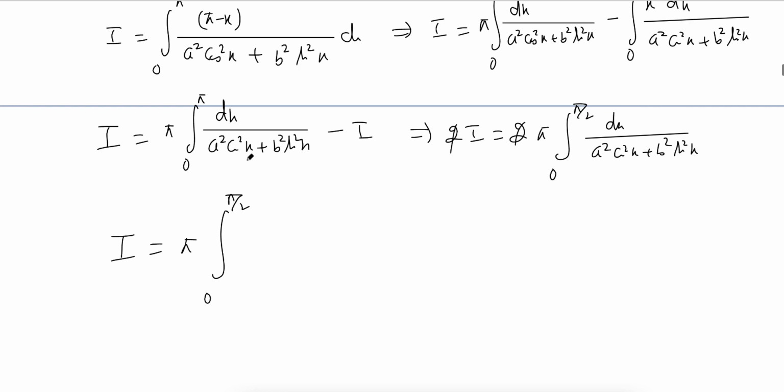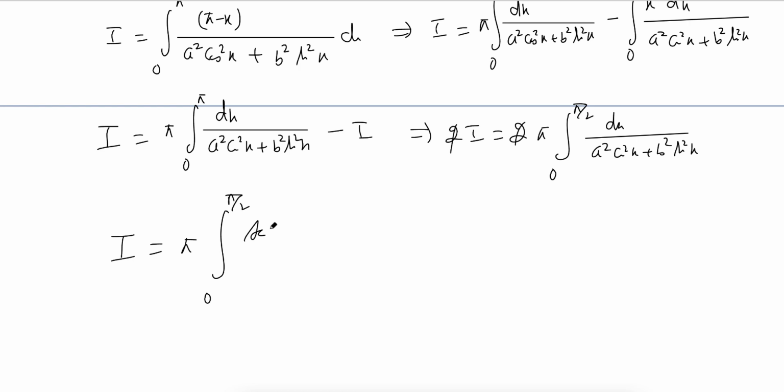Because here, dividing by cos square x is a problem: when x is between 0 to pi, cos x can be 0 at x equals pi by 2. So you cannot do the division. Have you understood? You are dividing by cos square x, so cos x should not be 0. Am I right? But cos x can be 0 when x is between 0 to pi. That's why I broke it.